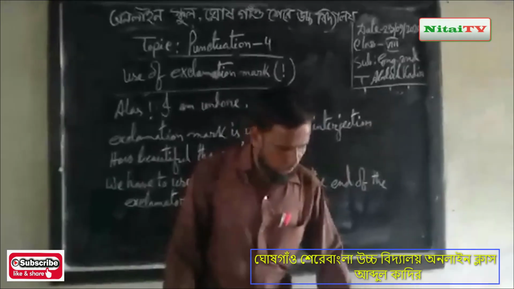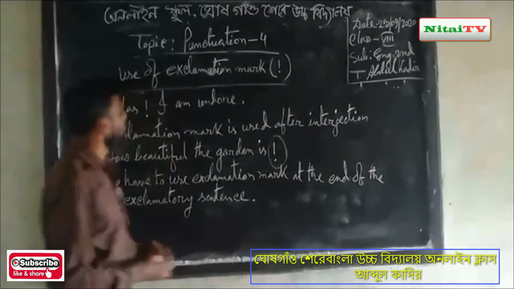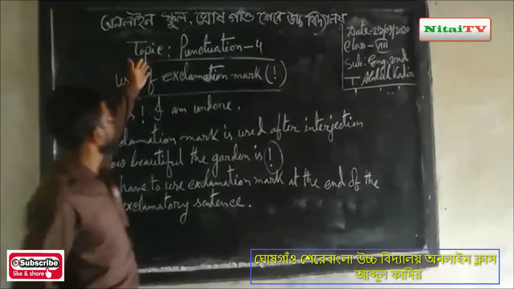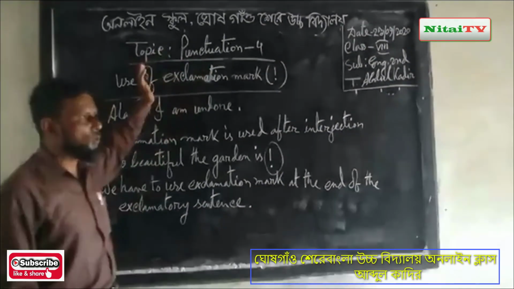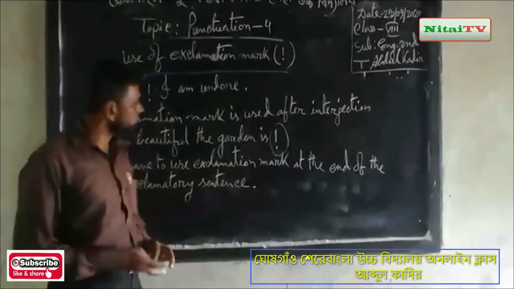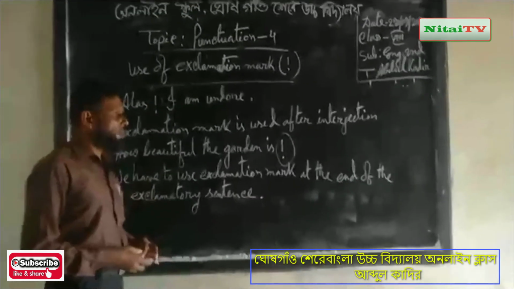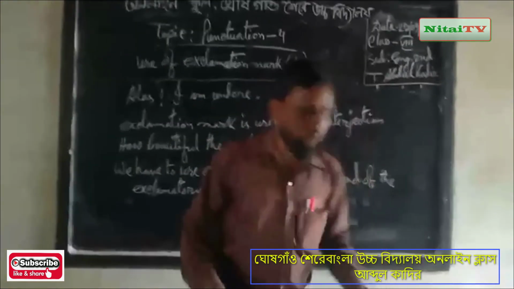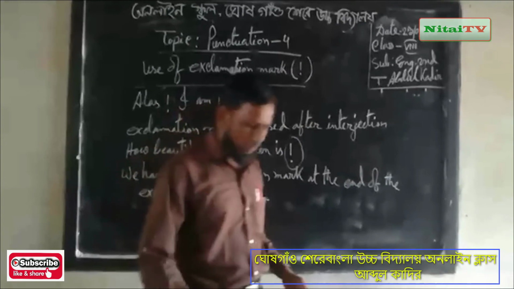My dear students, you have learned about punctuation marks, all the punctuation marks from first to last: punctuation 1, punctuation 2, punctuation 3, and last one is punctuation 4. So you have to practice in your exercise book or model questions.